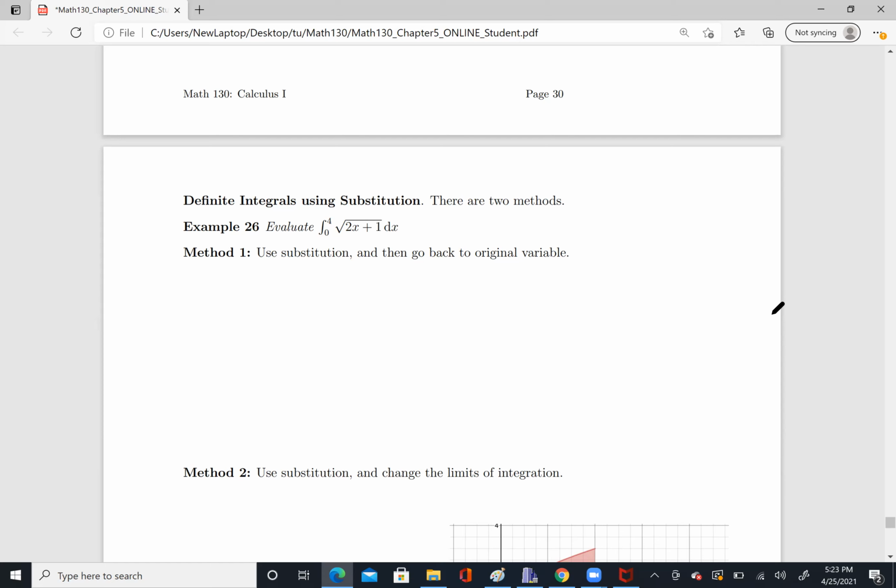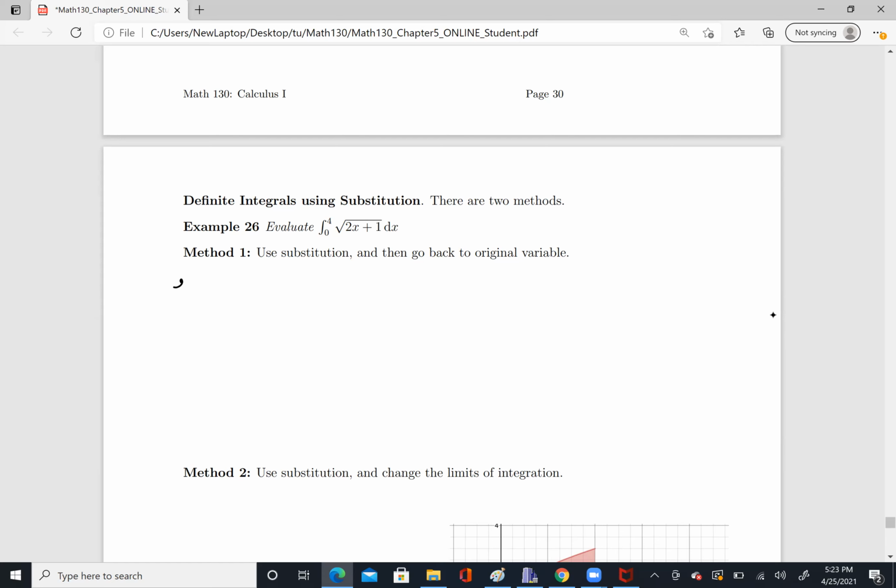But we have two methods here, and the first one says do substitution first, and then go back to the original variable and do the limit. Okay, so let's do the first method and see how to handle this one.